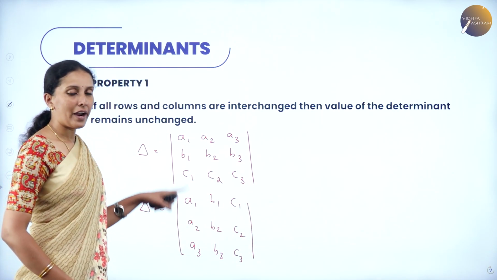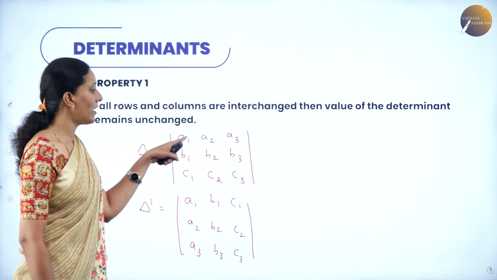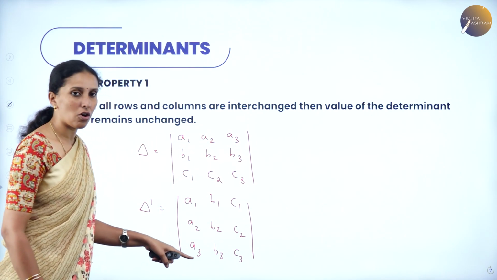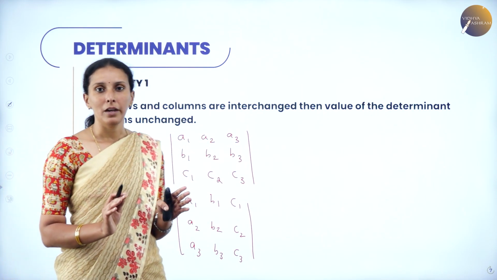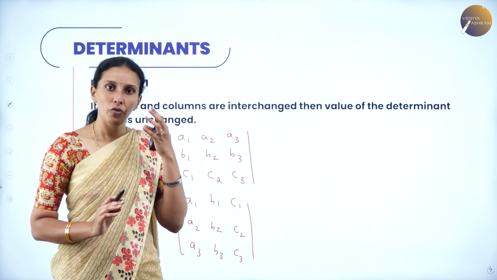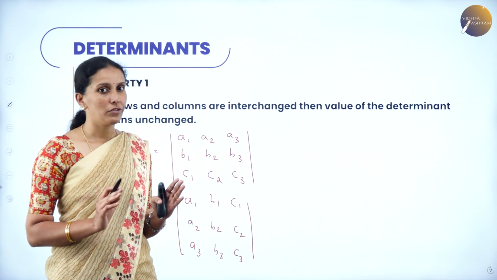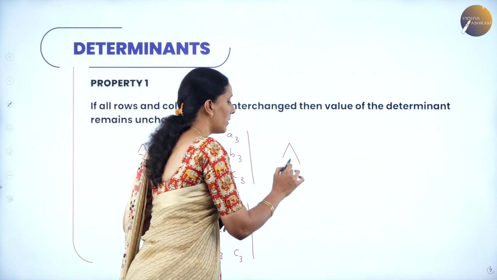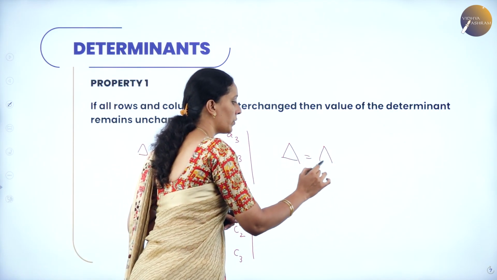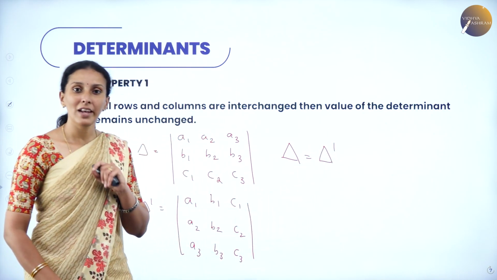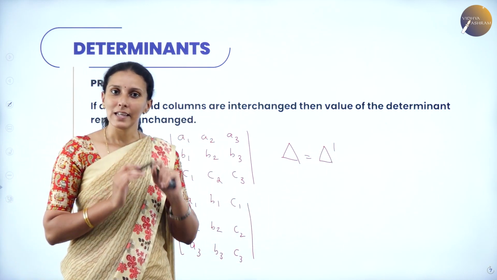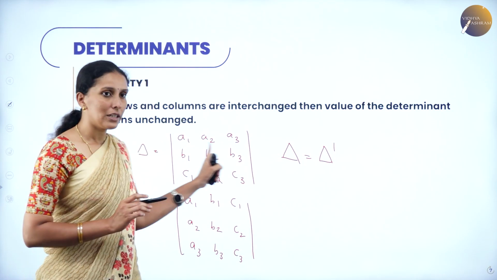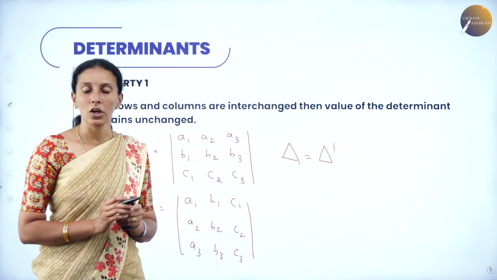However you find the value of the determinant, whether you expand through any row or through any column, the value of the determinant will never change. Even when you transpose, the value of the determinant does not change. So therefore, the value of the determinant delta is always equal to its transpose. It will never change, it will give you the same value. You can expand either through any row or through any column.